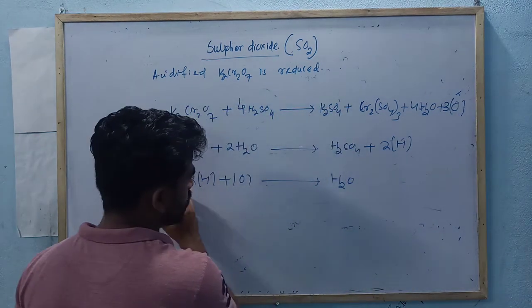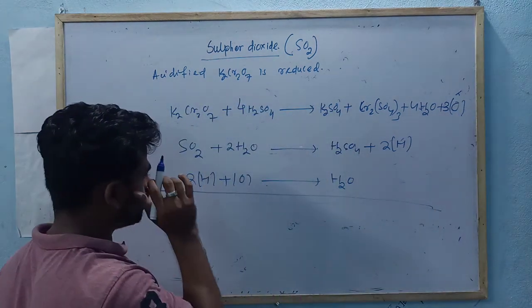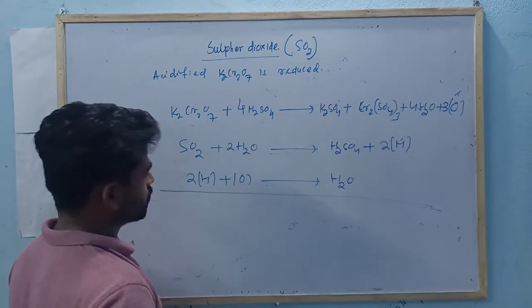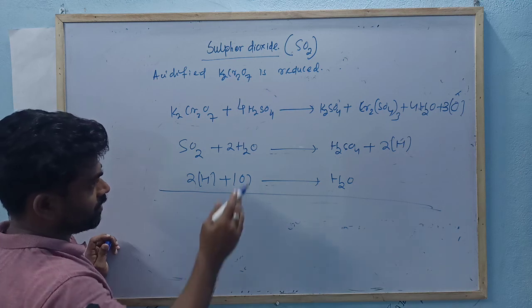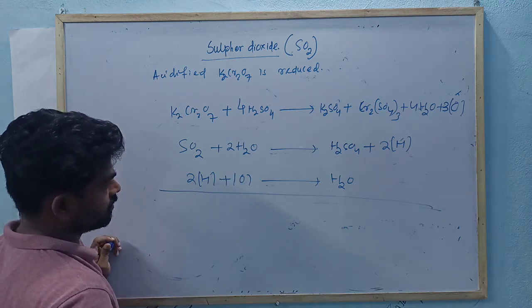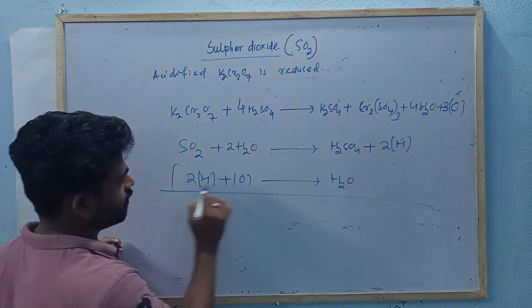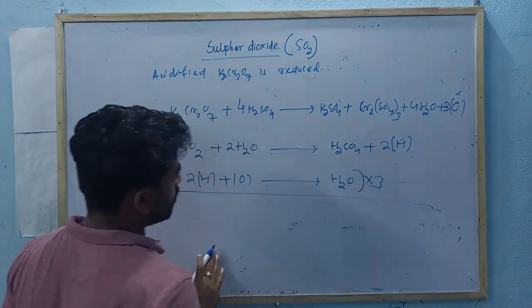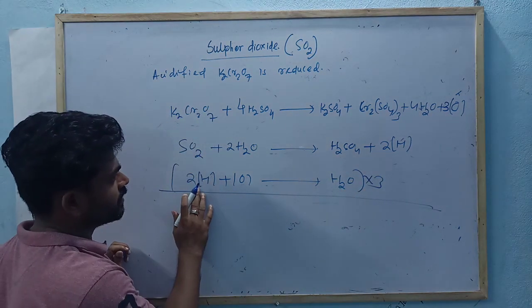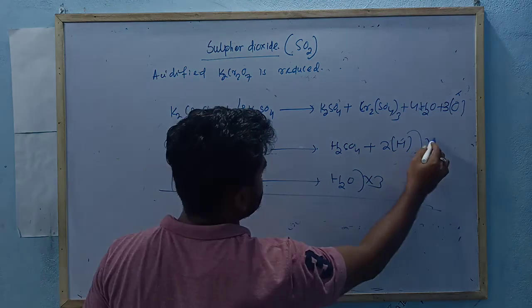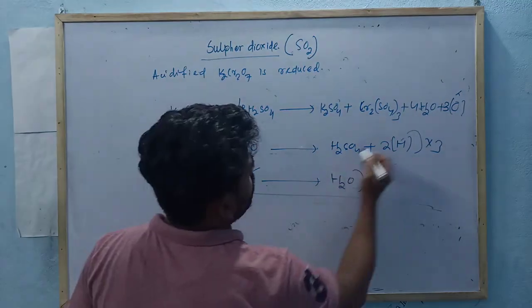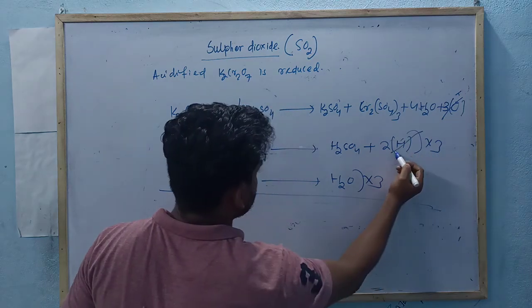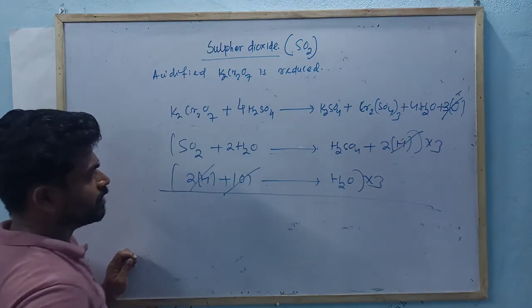So as per our procedure, we have to cancel all these nascent oxygens and hydrogens. So here there are 3 nascent oxygens that can be cancelled by multiplying over here 3. Okay. So again 6 nascent hydrogens, you have to multiply this equation also 3. So 3 nascent oxygen get cancelled, 6 nascent hydrogen get cancelled.